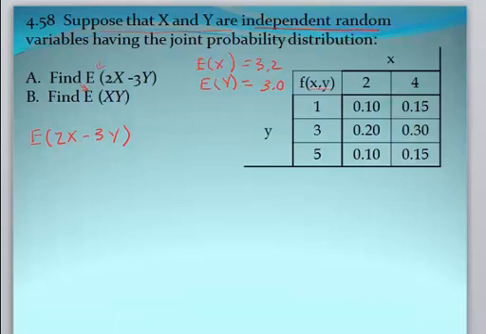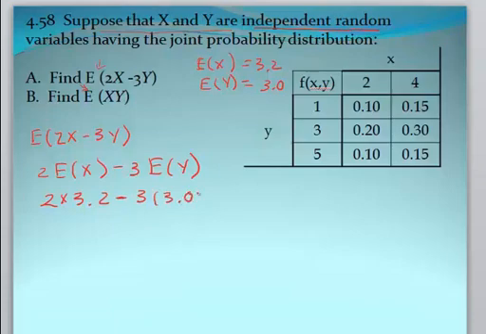We could say this is just the same as 2 times E of X, well, I should do this so I get 2 E of X minus 3 times E of Y. So that is just 2, remember from right up here, 2 times 3.2 minus 3 times 3.0.